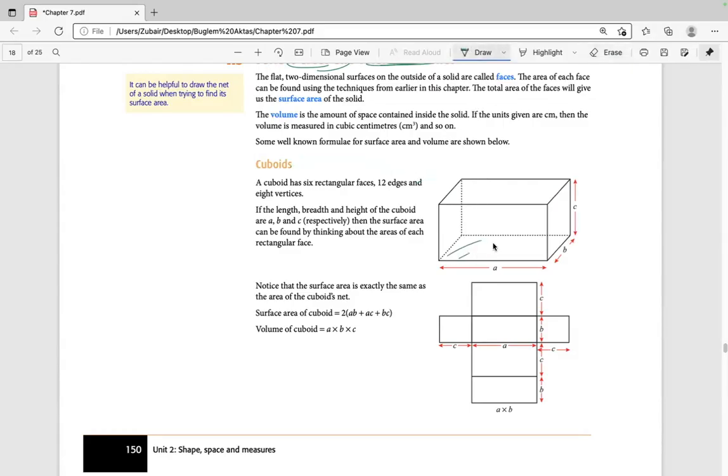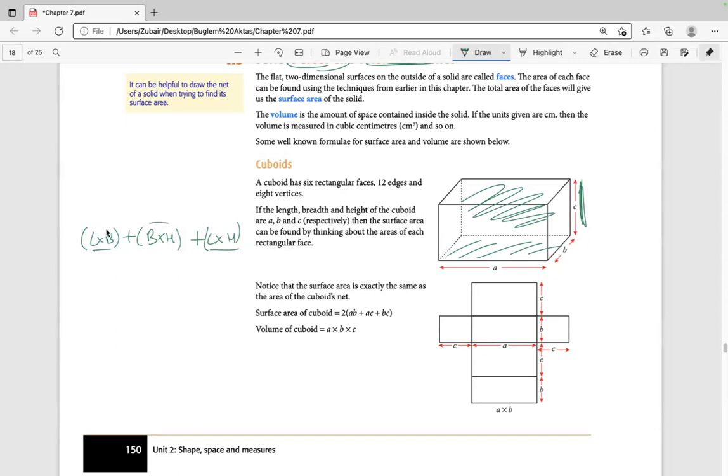So what those 3 areas could be: length into breadth at the base, plus the one with the height, that is breadth into height, plus the one at the back, which is going to be length into height. You see, we multiplied length with breadth and length with height, length with both of these.